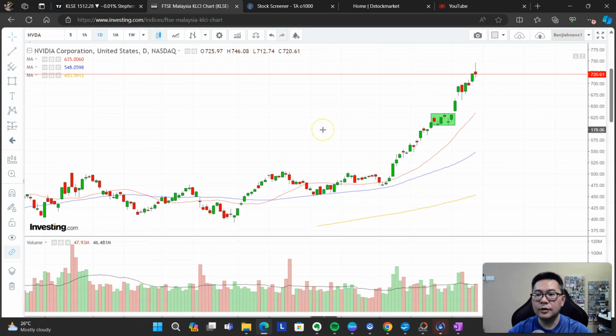Check NVIDIA stock. The reason why semis are making a topping tail, I think, is maybe NVIDIA is making a topping tail as well. So these are some signs that it has gone a bit parabolic, but that doesn't mean that the trend has ended, because we want to follow the trend until it ends.